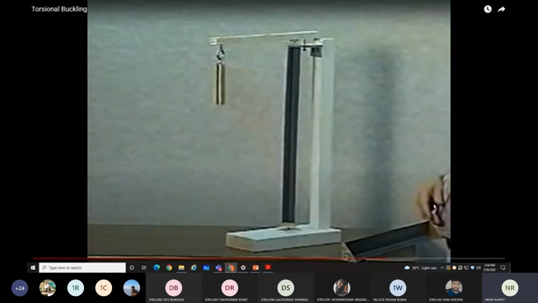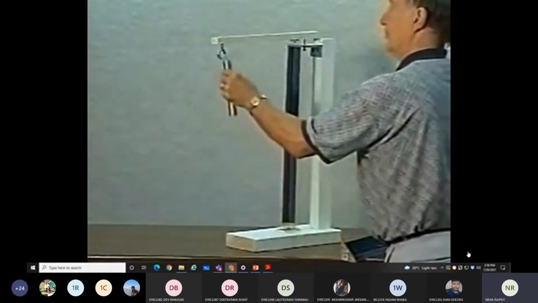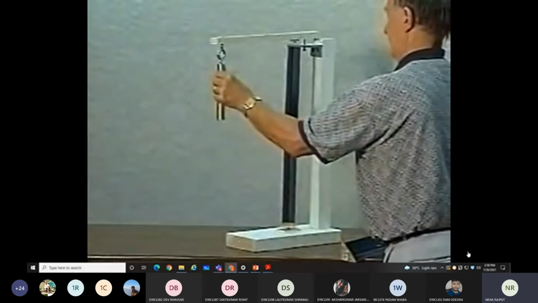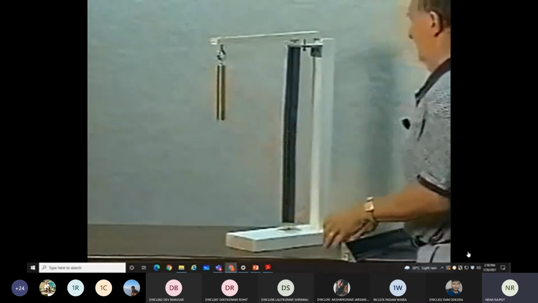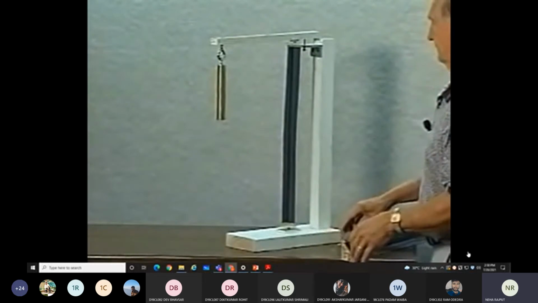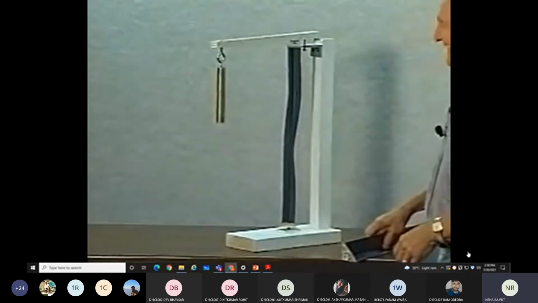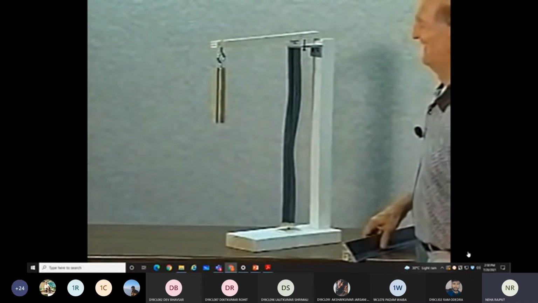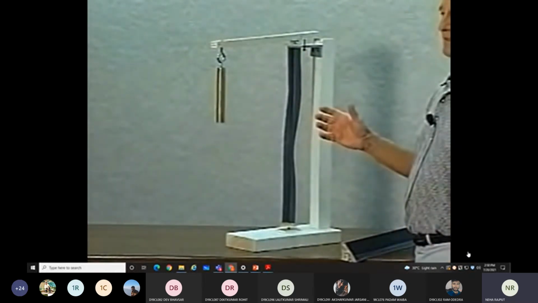And it carries it with no problem. It's going to take a larger load to buckle this member. So larger does not mean stronger.